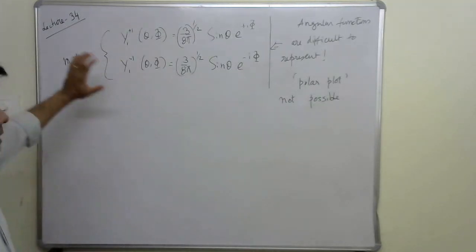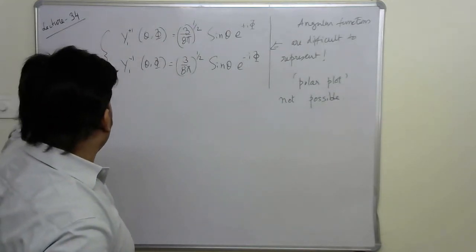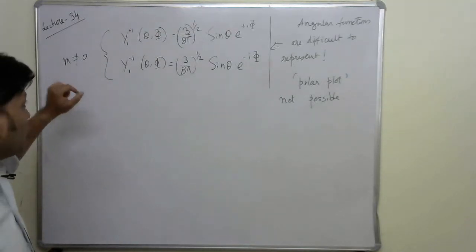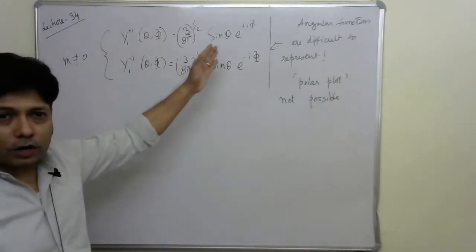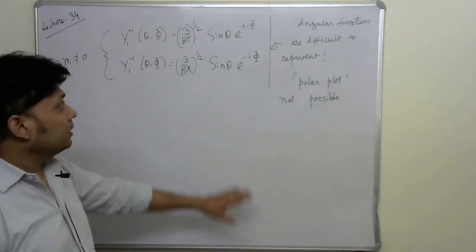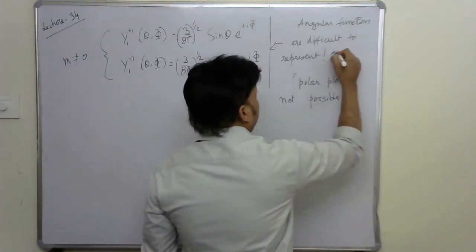Now as you can see, for the Y1 plus or minus 1 spherical harmonics, where m is not equal to 0, these are the two functions that I have written. But here the angular functions are difficult to represent graphically.